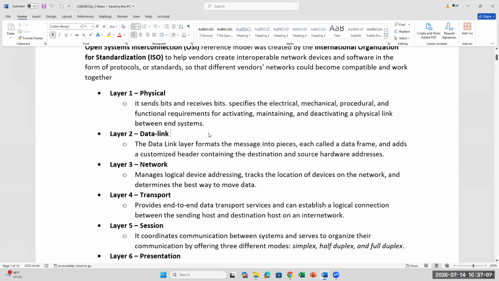Then in the second layer, you have data link, which is where it frames your data by adding a header. Every single piece of object inside the computer has some kind of information that the system uses to determine what kind of thing it is. If it's a file, there's a file header. If it is data, right? Think of it like before you send a package, you put it in a box.